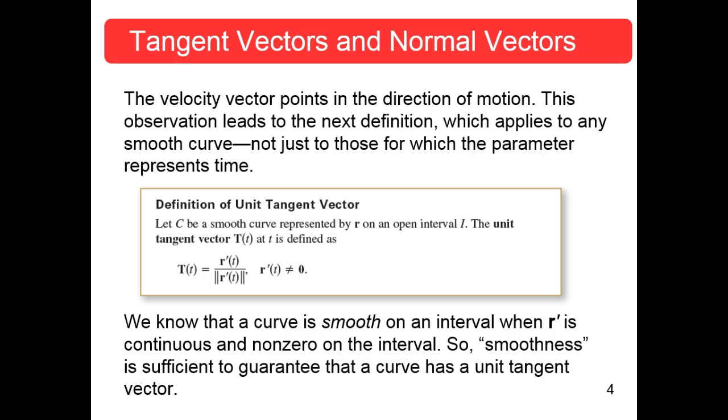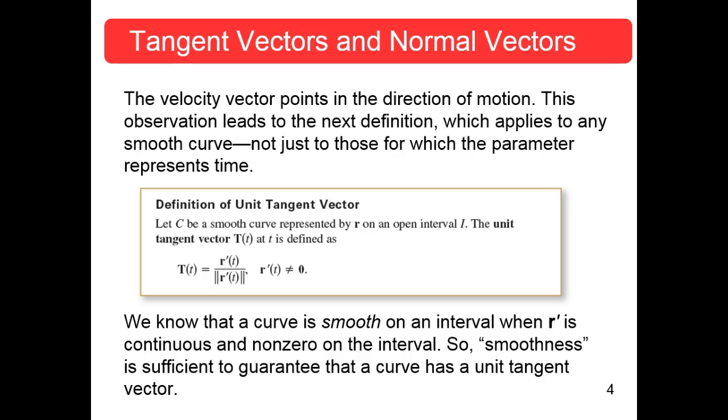If it is, it's not going anywhere, so it doesn't have a unit tangent vector. So with these other things, same type deal. If there's no change in your R vector with respect to time, then it can't have a tangent vector. So obviously, the first derivative of the R vector cannot be the 0 vector.